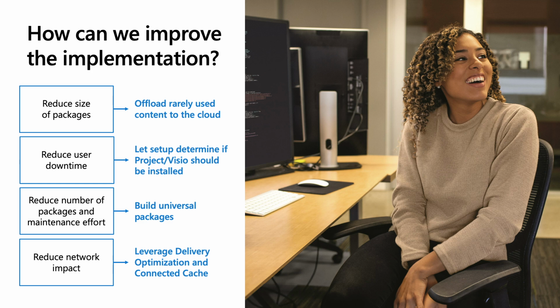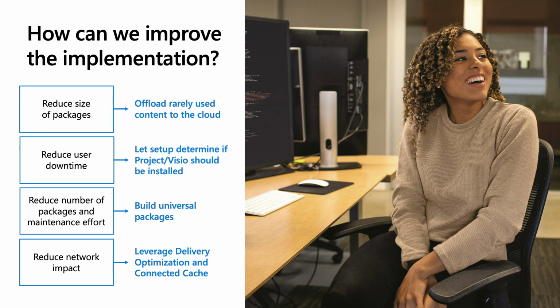So I will show you how we can build what we call universal packages. So you have one package which can install Project regardless of the state of the machine, whatever servicing channel it is, whatever architecture it is. If you want to install Project, there's one package to install Project.